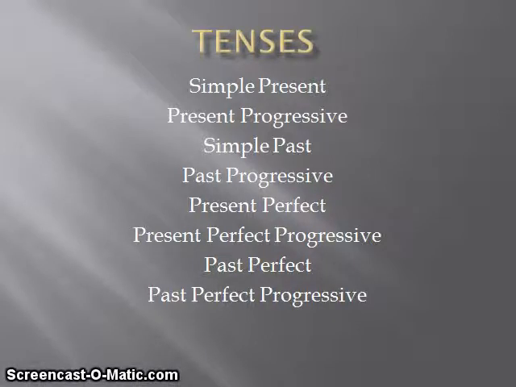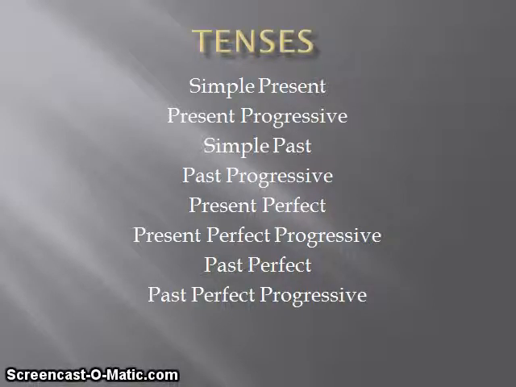Simple past uses the auxiliary did. Past progressive uses was and were. Present perfect uses have and has as helpers. Present perfect progressive, have been and has been. Past perfect is had, and past perfect progressive had been.